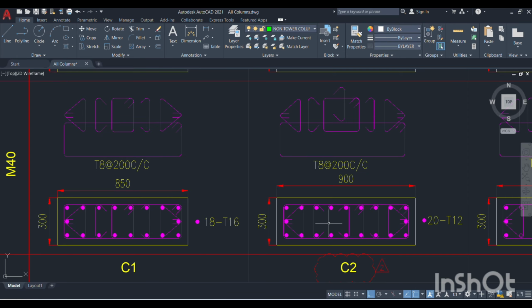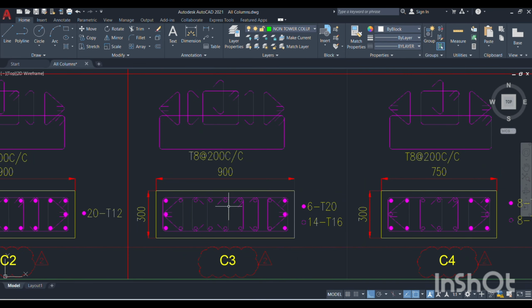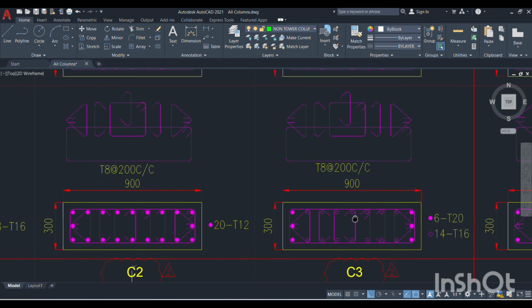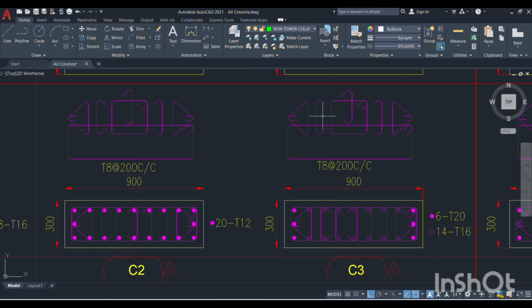Then go to column C3, see, in C3 we have some changes compared to C2. In C2, the shape of the rings and number of rings are all the same, ring spacing is the same, column size is the same.